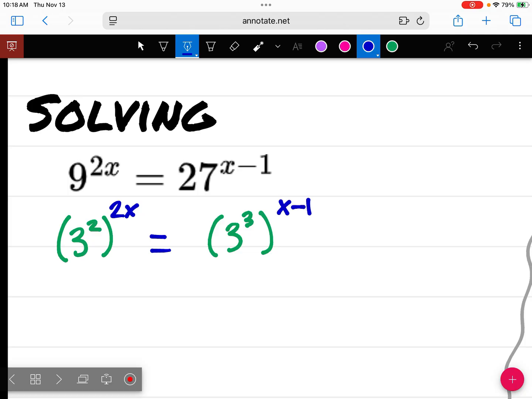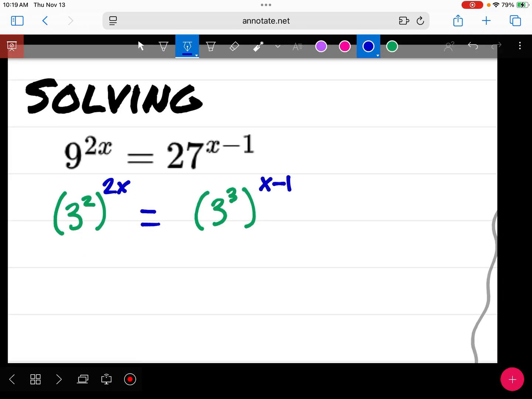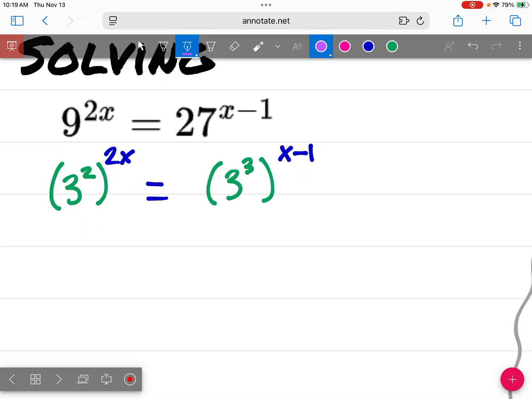So I can rewrite my 9 to the 2x as 3 squared to the 2x. And I can rewrite my 27 to the x minus 1 as 3 to the third to the x minus 1. So that gives us those same bases after we do this multiplication. So we're going to have our 3 to the 4x equals our 3 to the 3x minus 3.